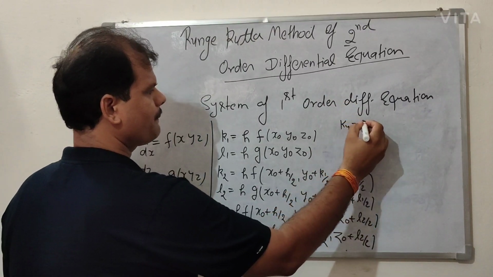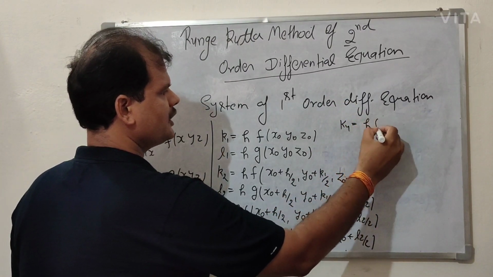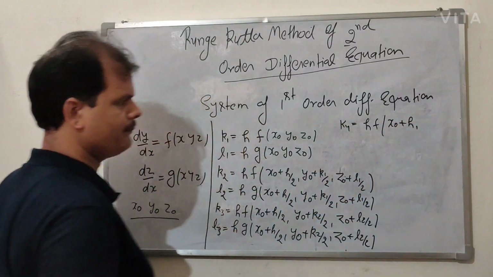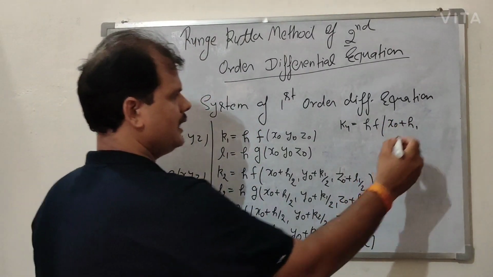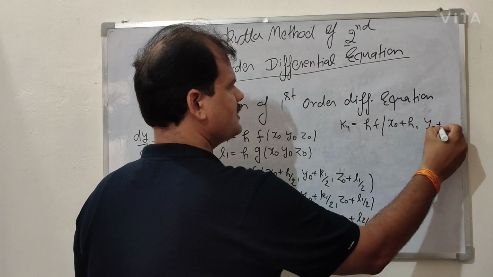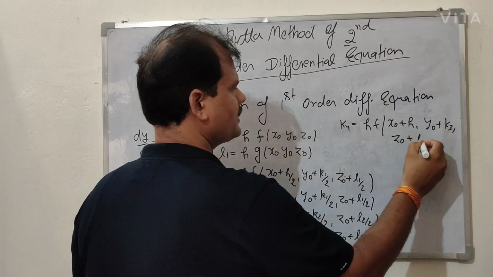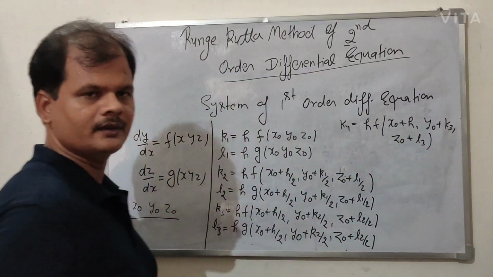k4 equal to h f of x0 plus h, y0 plus k3, z0 plus L3.